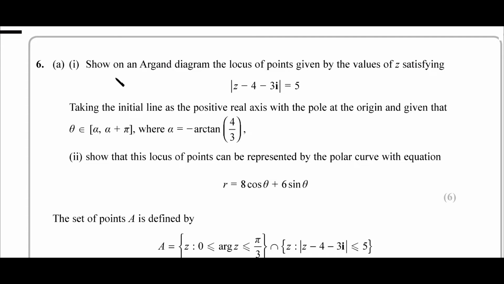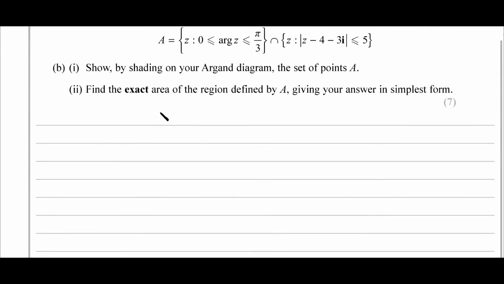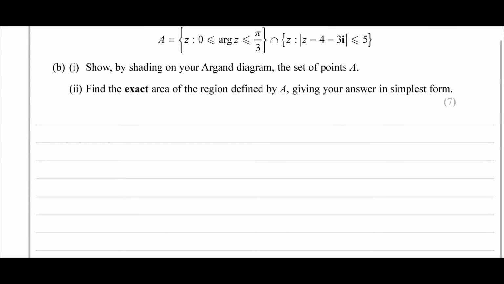Question number 6, Part A. For the first part, we have to show on an Argand diagram the locus of points given by the values of z satisfying the mod of z minus 4 minus 3i equals 5. It's quite straightforward. For the first part, we have given to us z minus 4 minus 3i equals 5, which we can simplify as z minus 4 plus 3i.